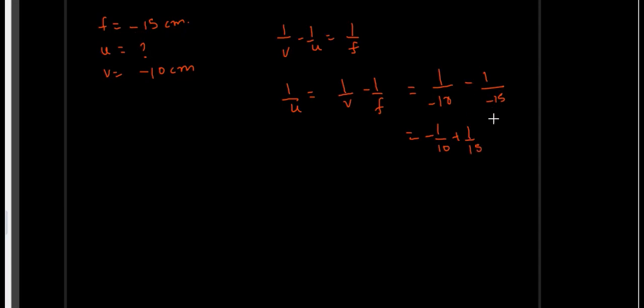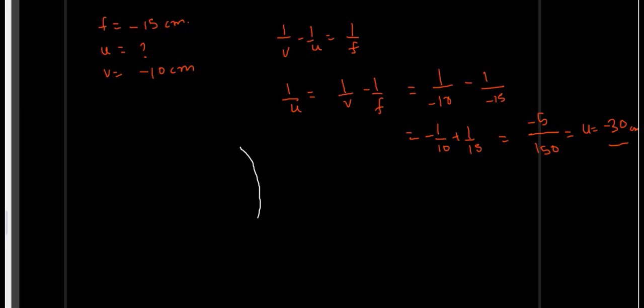Negative, negative, positive. If you solve this, you're going to get minus 5 by 150. So u will be minus 30 centimeter. So you got your object distance. The negative value of u indicates that the object is placed 30 centimeter in front of the lens. Okay, so we can draw a ray diagram now.